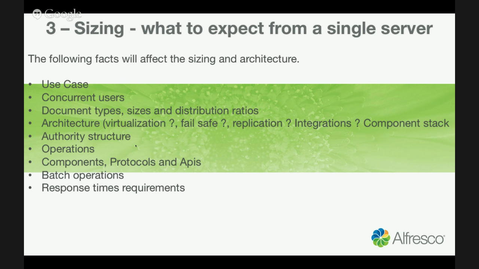Authority structure, the percentage of operations, read, write, search, the components, protocols, and APIs that will be used, the batch operations, so bulk import, and also the scheduled tasks or custom scheduled tasks that will run on top of the deployment, and response time requirements. All of these will influence the sizing and the architecture that you can define for a deployment on each specific use case.